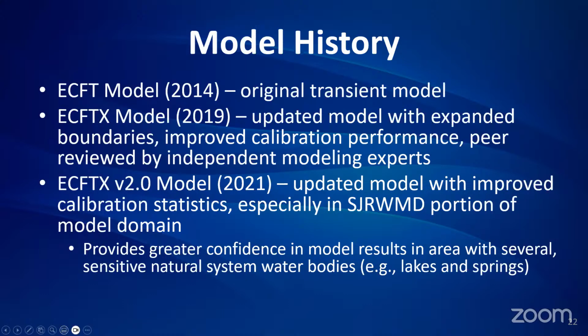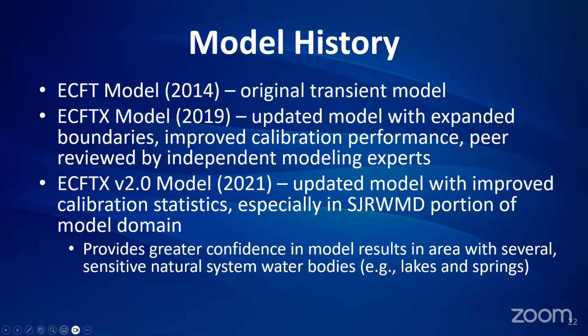But again, no sooner did we complete that we again recognized that there were still some opportunities for improvement. And in 2021, we took the version 1 model and we recognized that there were some things in terms of trying to get improved calibration statistics, principally in the St. Johns River portion of the model domain that we wanted to focus on.